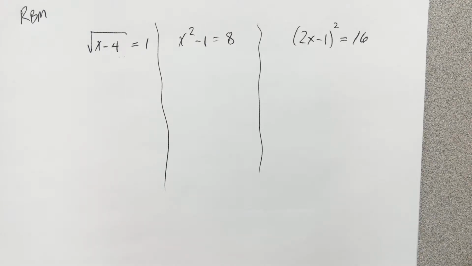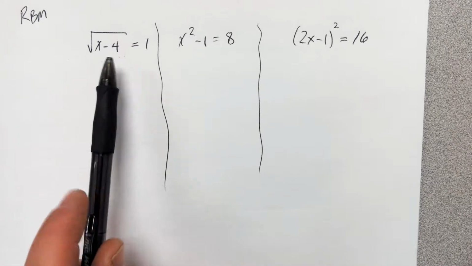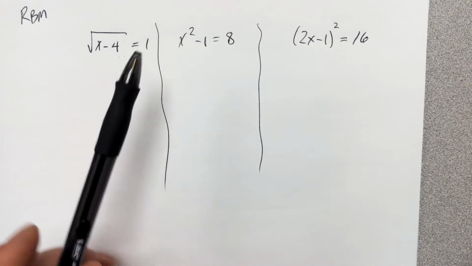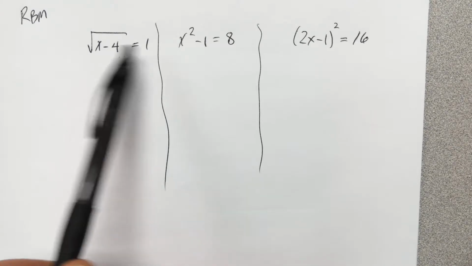Marlene, you ready? I think we can figure out the first one if we just think about it. Check this out. This is the square root of something equals 1. What times itself equals 1?